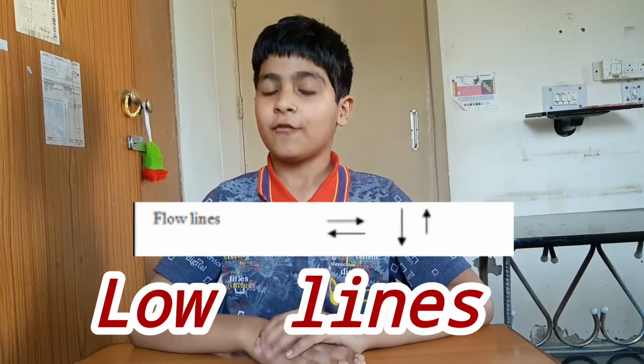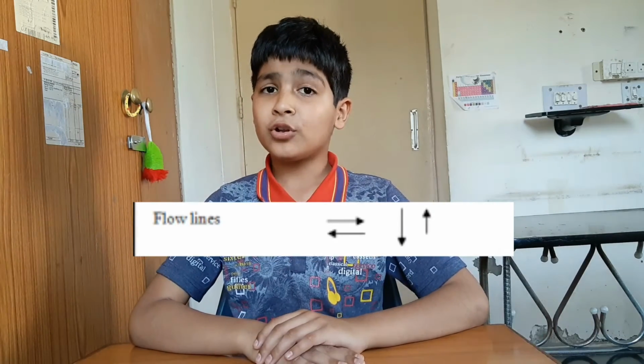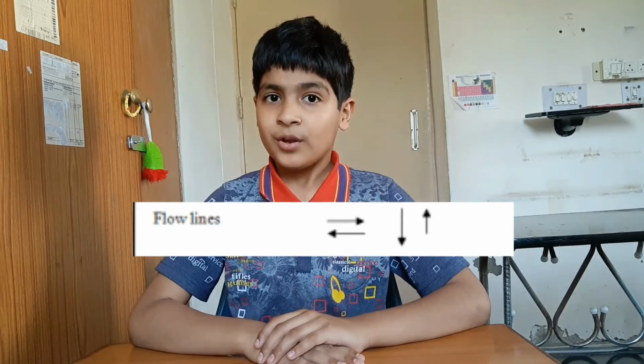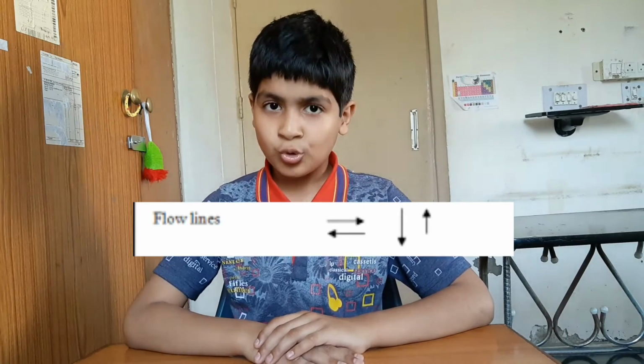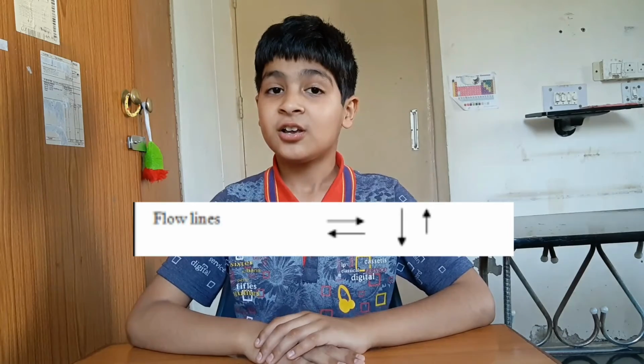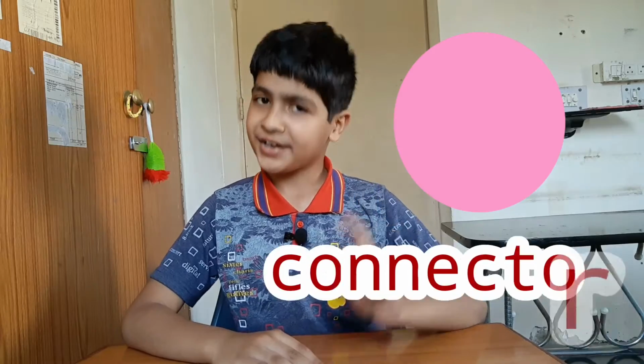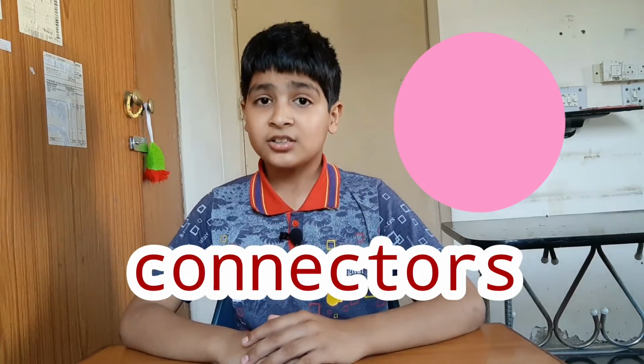Fifth is flow lines. Flow lines are arrows that are used to connect the different shapes and show the flow of the logic in the flowchart. Sixth is connectors. It is a circle shaped symbol that is used to connect the parts of the flowchart.